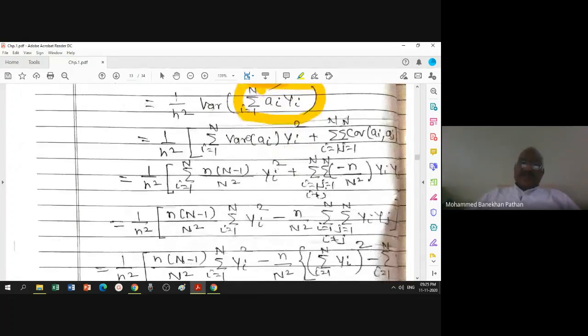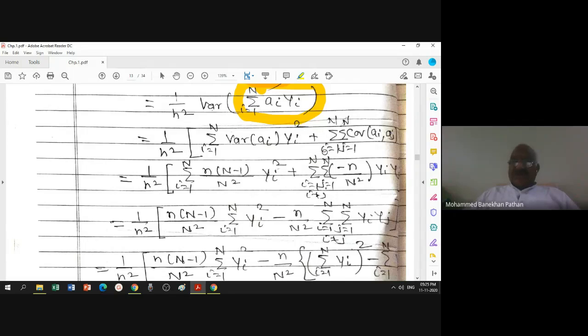Next line, variance of a sum. Again, this is one more result from your first year. You recall variance of x plus y. We proved variance of x plus y as variance of x plus variance of y plus 2 times covariance of x, y. Now here I didn't write 2 times. So where has this 2 gone?